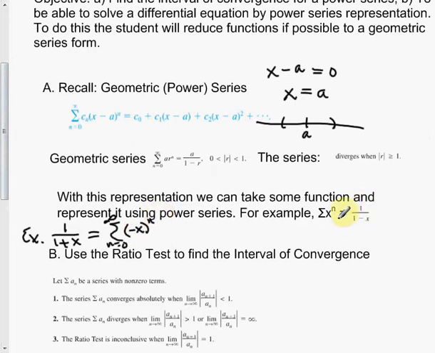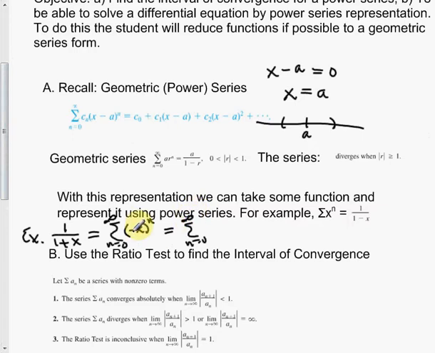If 1 over 1 minus x is the summation of x to the n, then 1 over 1 minus a negative x is the summation of (-x) to the n, which is how we pick up the alternating series, anytime a term of variable x is negated.